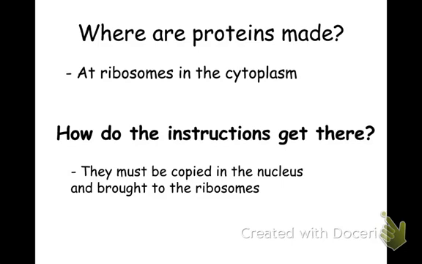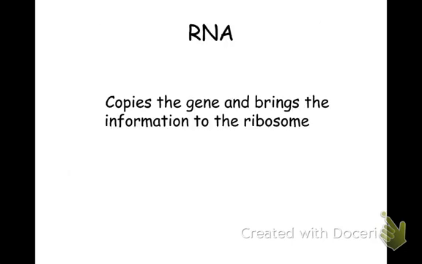So we somehow need to get a copy of that DNA from the nucleus to the cytoplasm. Since DNA never leaves the nucleus and protein is made out in the cytoplasm on the ribosomes, we need to get a copy there. RNA is our copy. So we're going to make RNA in order to bring all of that information we need to that ribosome to make that protein.